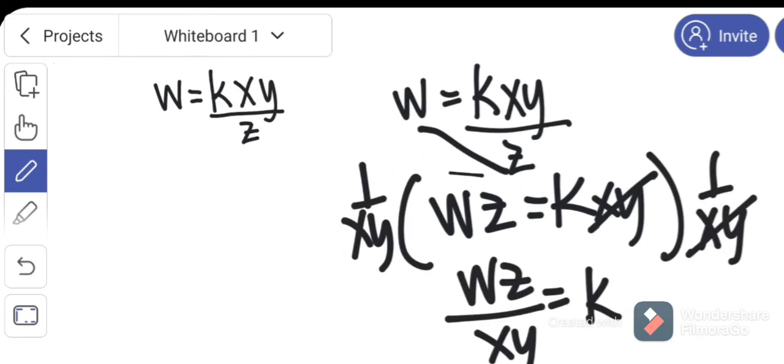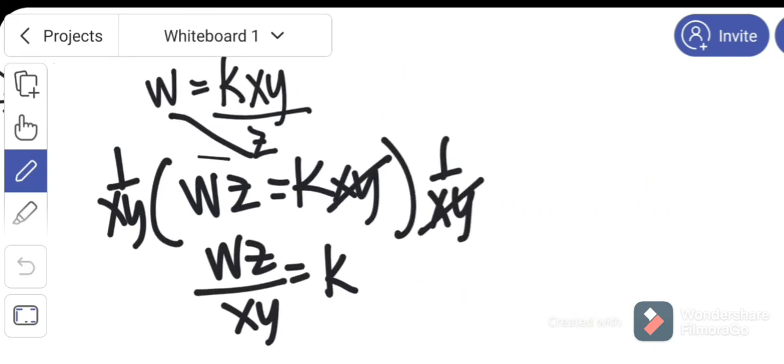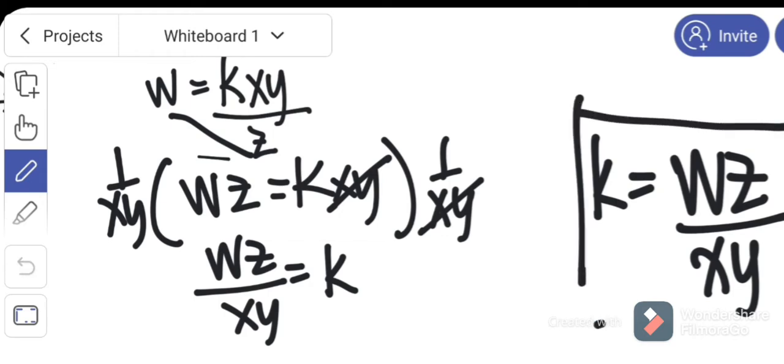This will be our formula for the constant of variation. That is just the same when we rewrite it as k is equal to wz over xy. This will help us solve for the value of the constant of variation.